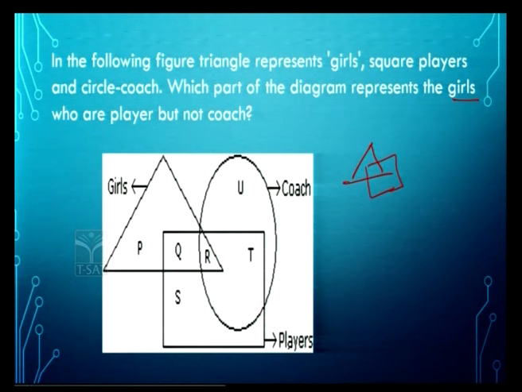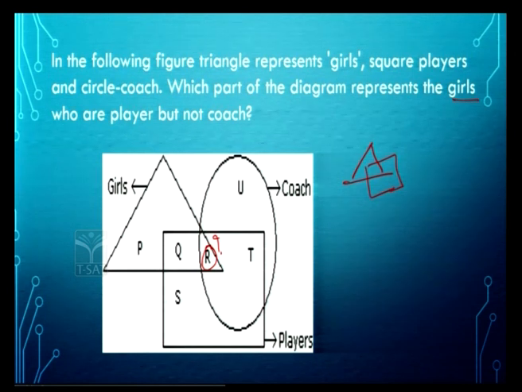So, here Q, R, S, T are all different, depending on where they fall. Q belongs to the triangle and the square. R belongs to the triangle, square and coach. What is R? The girls who are players and also coach.